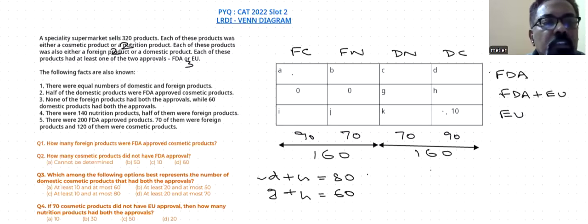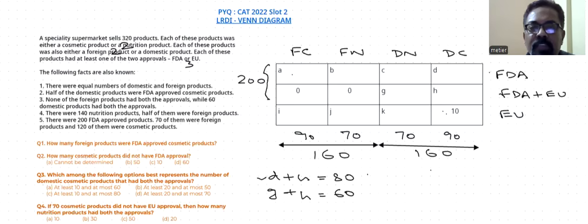Let's move forward. There were 200 FDA approved products. 200 FDA approved products means that these two rows will sum up to 200. And with the same logic, we can say the rest 120 will be here. So this 120 will be EU approved products and 200 will be FDA approved products as well as FDA and EU both approved products.